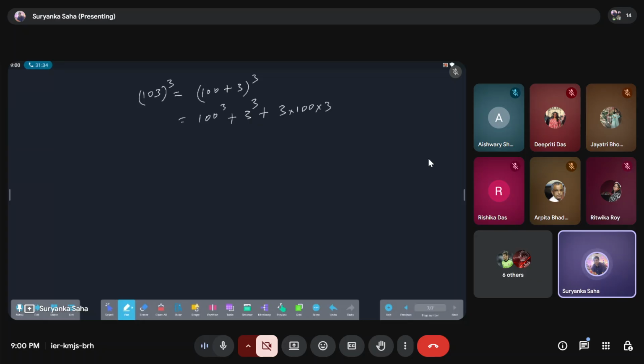A is 100, b is 3, so 100 cube, you know it will be 1 followed by 6 zeros. 3 cube is 27, plus this much will be 900, isn't it? And this will be 103, 100 plus 3. Is this clear up to this much?